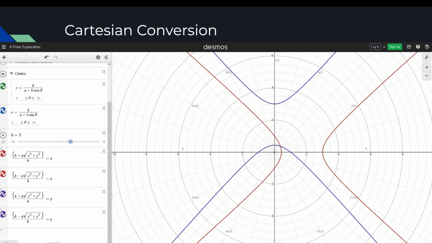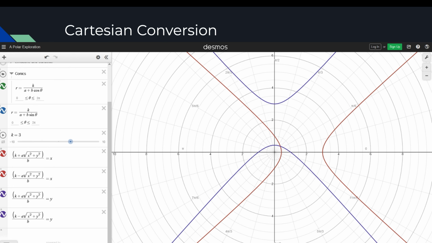And that's why we need to use a sort of parametric equation where one is k plus a square root of x squared plus y squared over b, and one where it's k minus that.